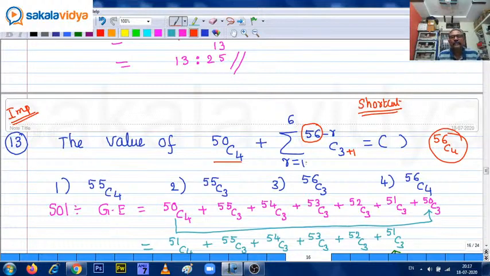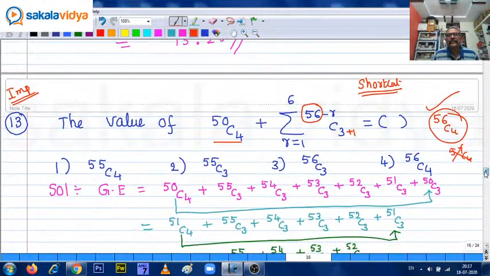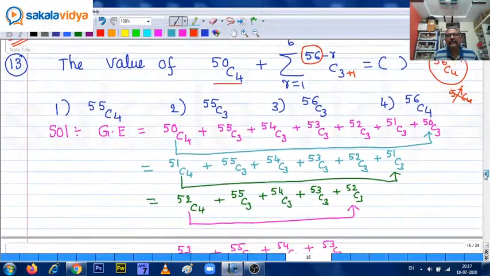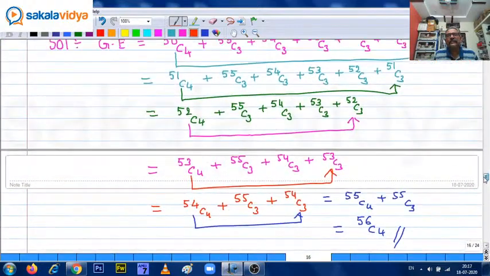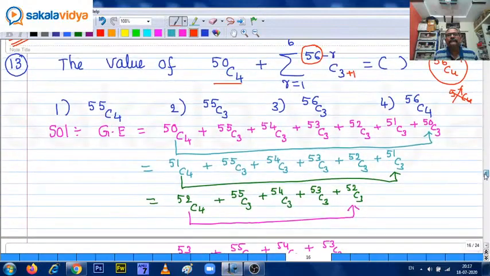For example, if 0 is there, add 1 to 56, then you get 57C4. So now we have 1. You remember this shortcut. Understood now? I explained the process as well as the shortcut method. This is the original process.